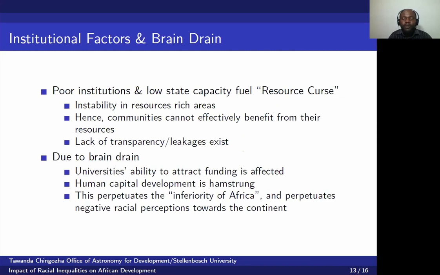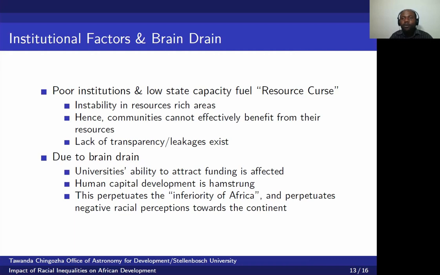So in terms of institutional factors, you find that in many African countries there's an abundance of natural resources: minerals, water resources, farm produce, timber, etc. But sometimes there is instability, maybe armed conflict, sometimes too much corruption and lack of transparency, and these resources are overseen by corrupt elites.